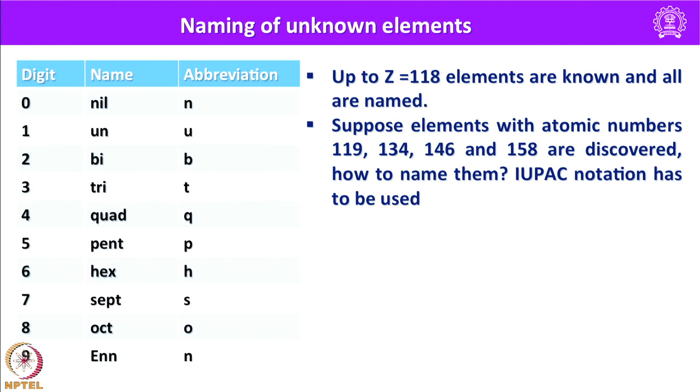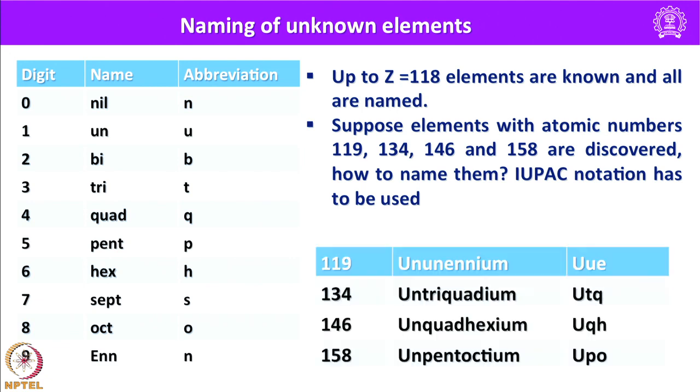Then we can simply use this notation of IUPAC to name them. For example, for 119 I have shown there, the first one you take un, the second one you take un, and the last one should end with ium. So, 119 can be called un-un-ennium, and the abbreviation will be the first letter of all three, so Uue.